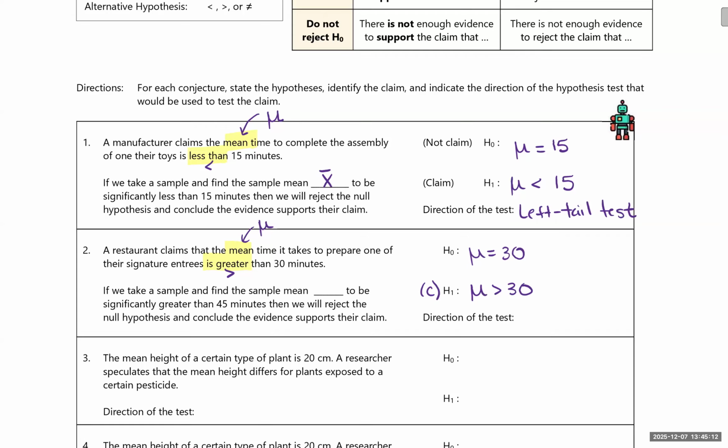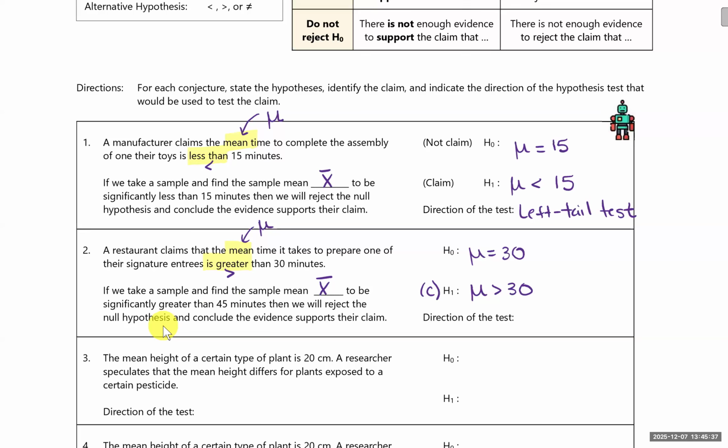If the restaurant is going to investigate, they're going to have to go get some sample data. So they go out and they sample some of the times making their signature dish, and if they want to convince us that the mean is greater than 30 minutes, then they better get a sample mean significantly greater than 30 minutes. Well, I wrote 45, that's a typo.